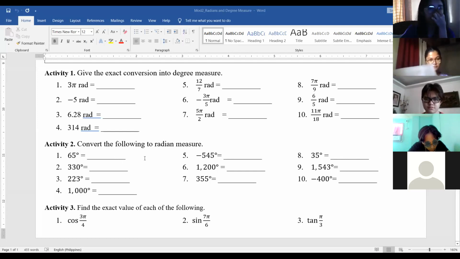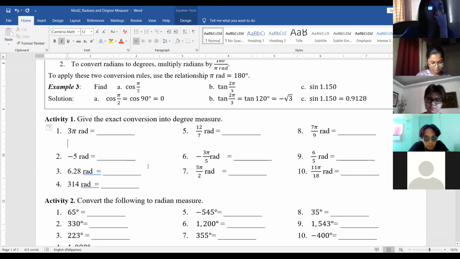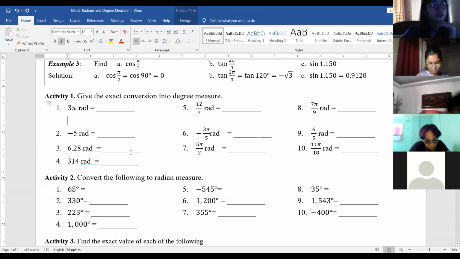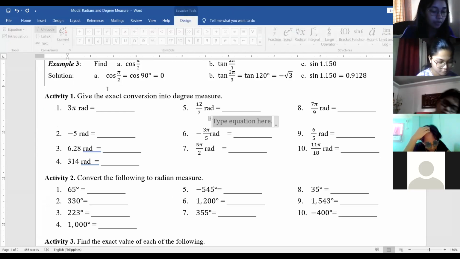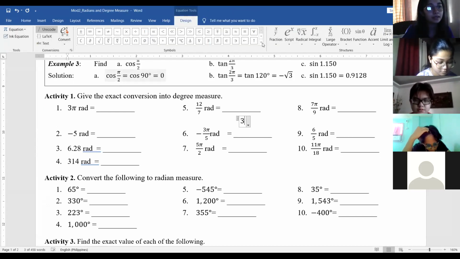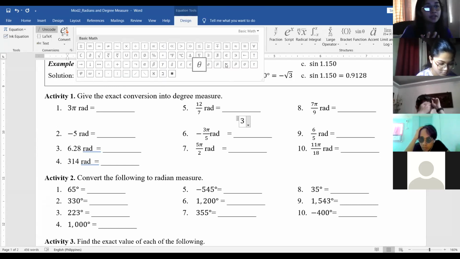Any suggestion in activity 1? That the writer wishes to employ in the creation of the sheet. Let's try number 1, 3 pi. A lot of methods. Contrast, chronology, description, definition, exemplification, cause and effect.